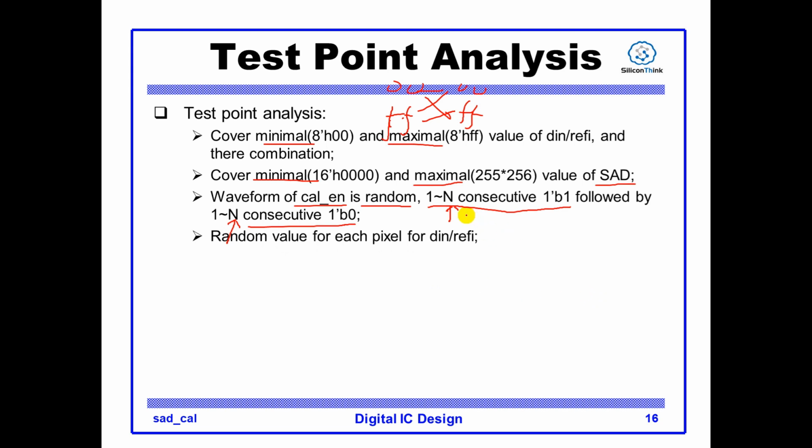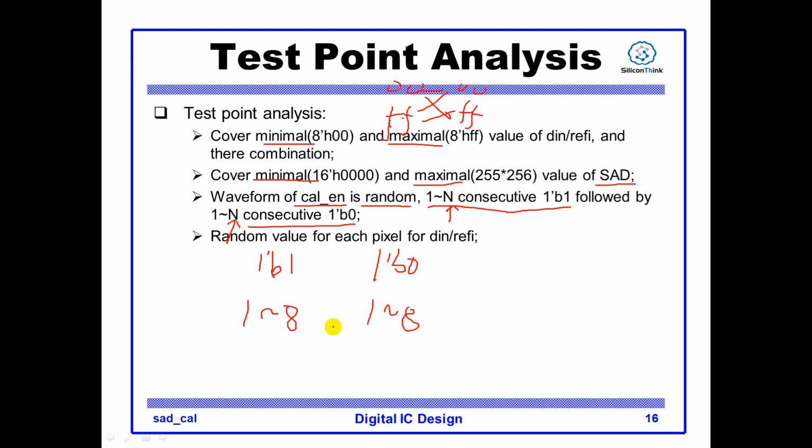For example, if we set the value of 1 to 8, you may test the case of 1 cycle to 8 cycles of consecutive active cycles, combined with 1 to 8 consecutive inactive cycles.